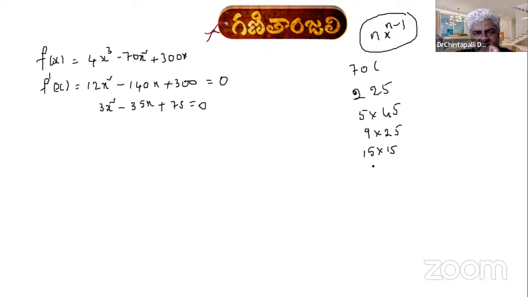Next 18, 19, 20, 22, 25, none of them work.